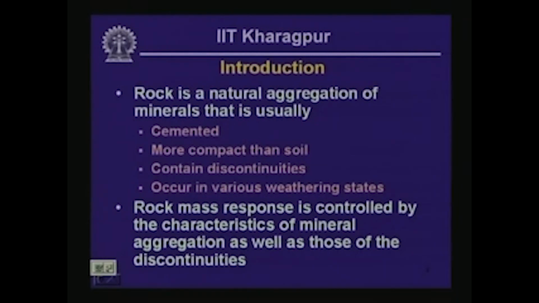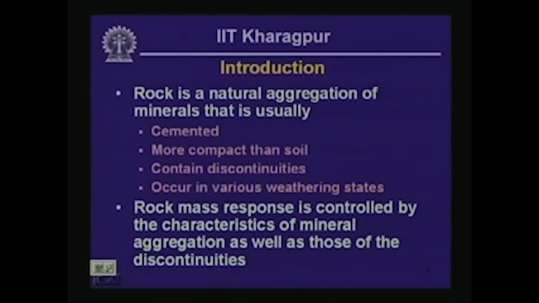Then, if you consider a relatively large volume of rock, you are likely to see some discontinuities within the rock mass, and rock is expected to occur in various states of weathering. So, this is a very qualitative description of the notion alluded to by the term rock.